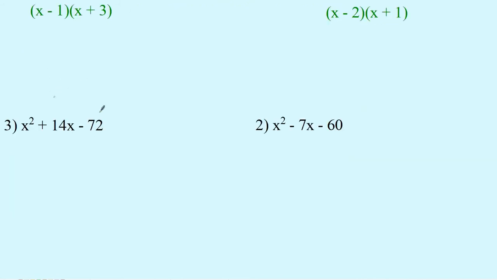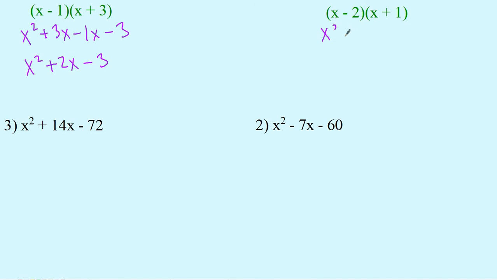So what happens when I have negatives on the end? Again, let's practice our FOILing. If we FOILed this one, we would end up with x squared plus 3x minus 1x minus 3, and so that's just x squared plus 2x minus 3.